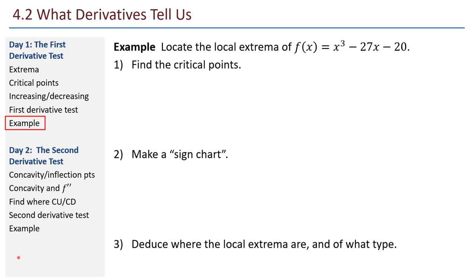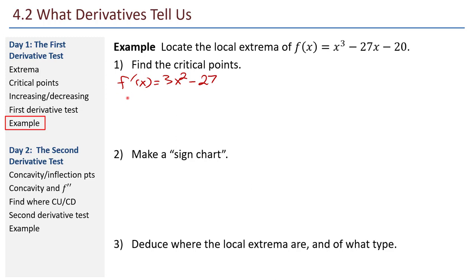Let's say we are given a function symbolically. How can we find the local extrema? So in this example, locate the local extrema of f of x equals x cubed minus 27x minus 20. So step number 1, find the critical points. f prime of x equals 3x squared minus 27.